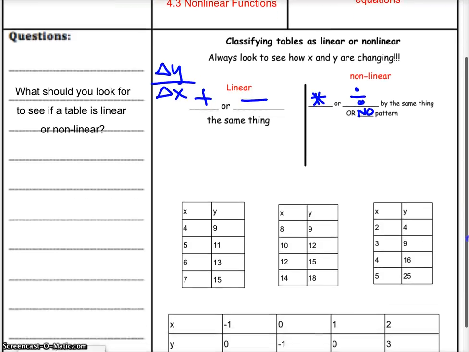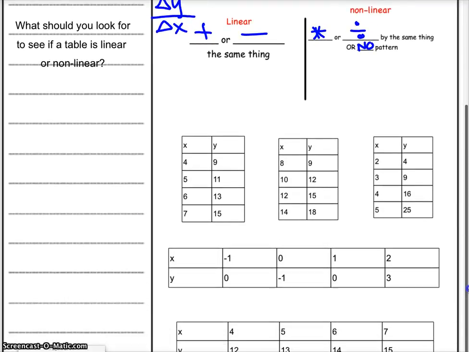Okay. I'm not going to make you have to do it this way. Today I'm going to give you a table, and I'm going to say graph this table and tell me if it's linear or nonlinear. And then you use this knowledge to see if you're correct. So here I have plus 2, all the way down it's plus 2, and plus 1, right?